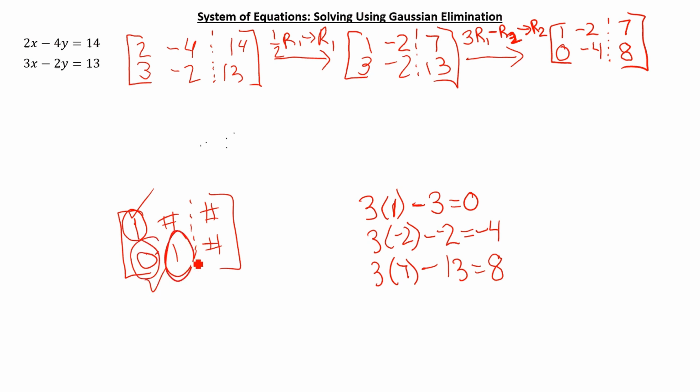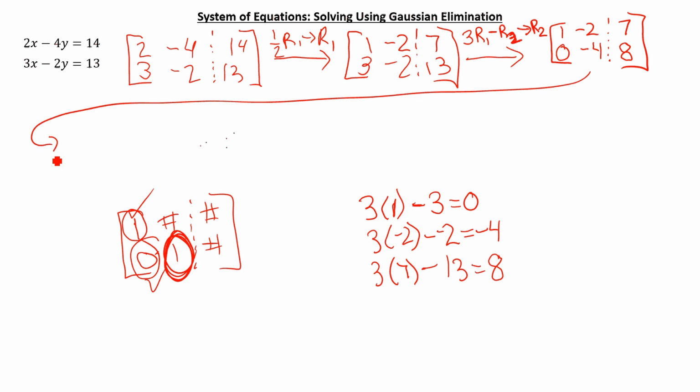Our last goal before we finish this up is to make this -4 into a 1. To do that, I'm going to add another line here: we're going to multiply row 2 by -1/4 and put it into row 2.